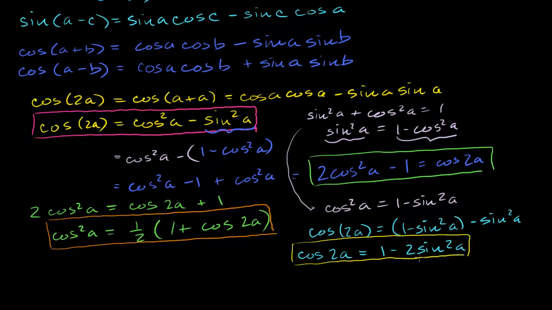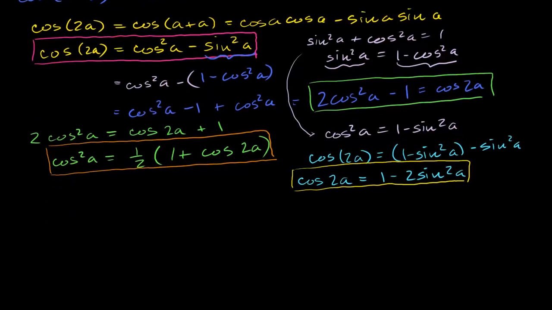Now, if we wanted to solve for sine squared of a, we could add it to both sides of the equation. So let me do that, and I'll just write it here for the sake of saving space. Let me scroll down a little bit. If I just add 2 sine squared of a to both sides of this, I get 2 sine squared of a plus cosine of 2a is equal to 1.